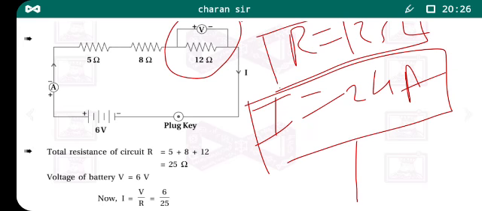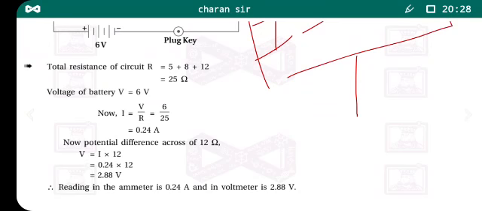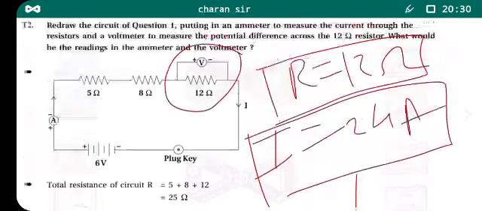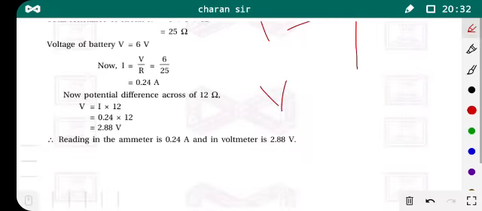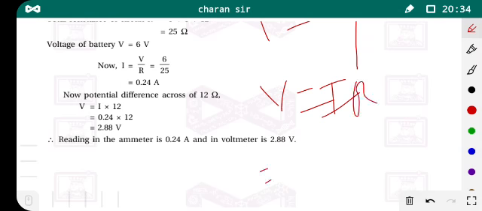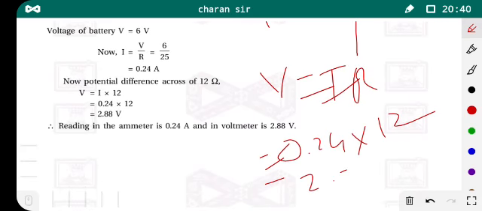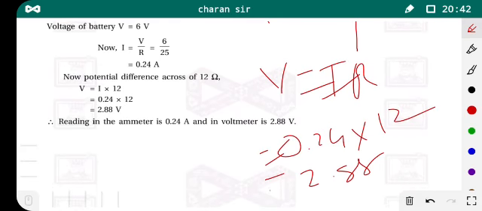Now you can find the voltage across the 12 ohm resistance: voltage V is equal to IR. The I value is 0.24 and R is 12. So you get 2.88 volts. So this is the voltmeter reading.